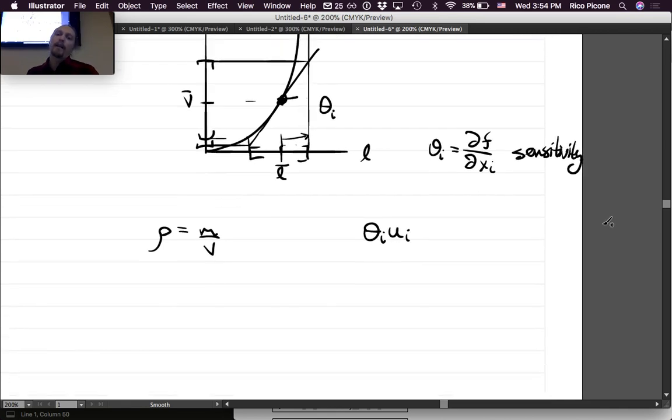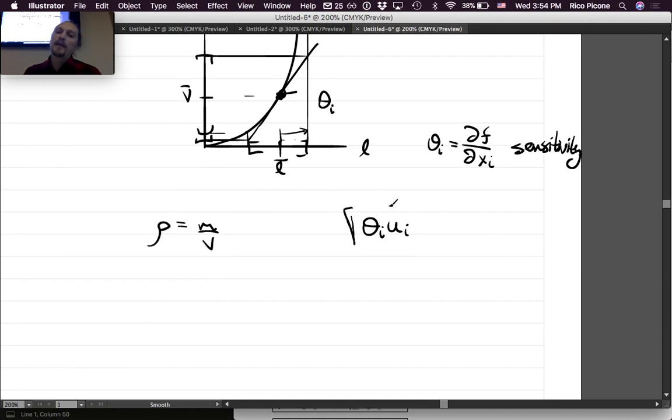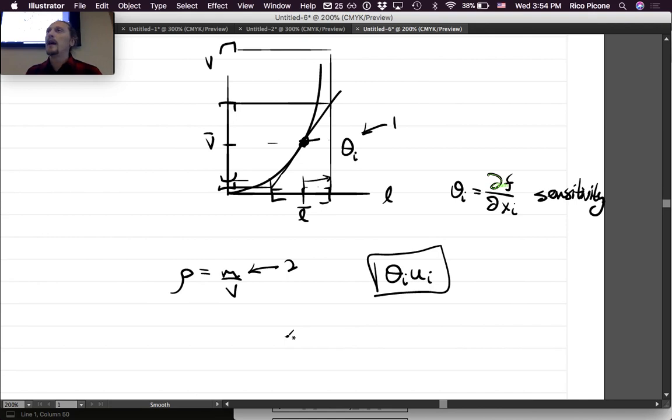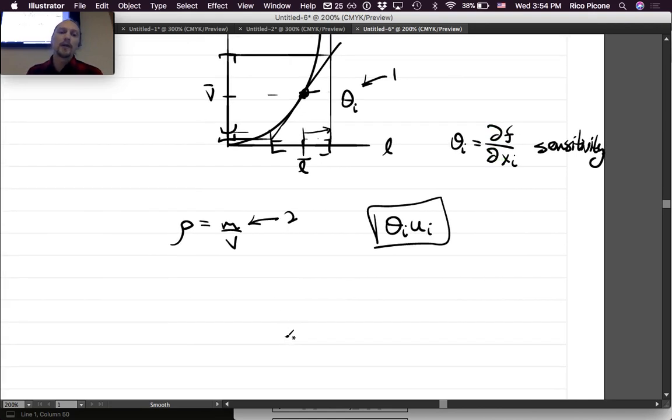Bam. So you have a lot of uncertainties, depending on how many variables you have. This one's got 2 uncertainties. This one only had 1. So what do you do if you have multiple? You guessed it. Root sum square of them.